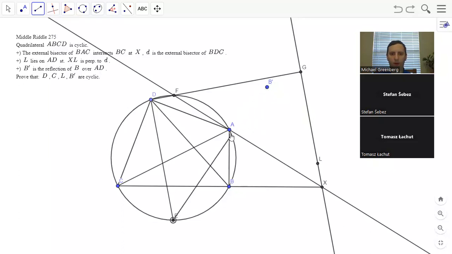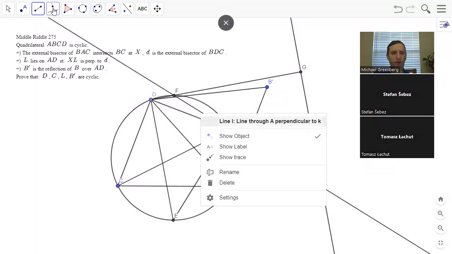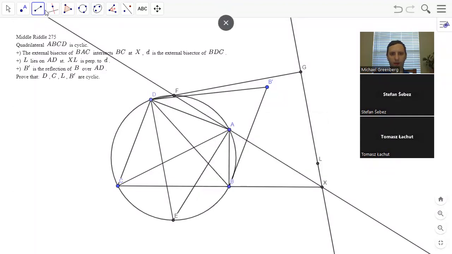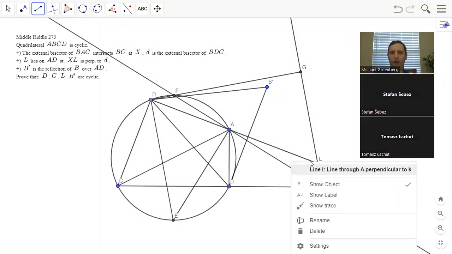So I think B prime is a reflection of B over AD. So I guess this is kind of like an isosceles triangle. And what was L again? XL is perpendicular to AD. L, oh, so that's the last one I have to draw. And once I draw that in, I think that's the full diagram.